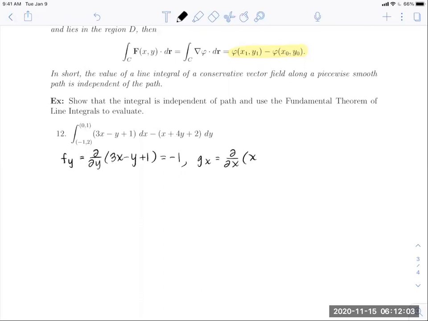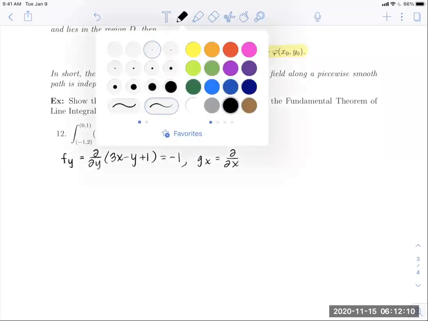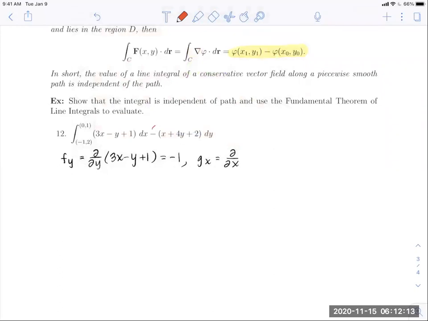Actually, what I'm going to do first here, and let me write this in red to call your attention, I'm going to distribute this negative here so that it becomes a plus inside. So let me write this as negative x minus 4y minus 2. Now when I take this partial, obviously these go to 0 and I just get out a negative 1. All right, so at this point, I have determined that this is a conservative vector field.